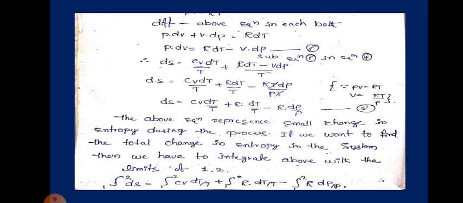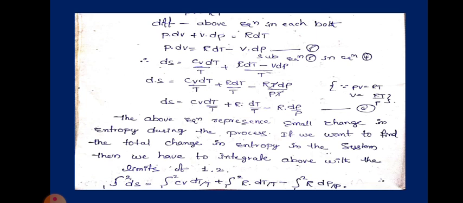Differentiate the above equation on both sides. Therefore p dv plus v dp is equal to R dt. So p dv is equal to R dt minus v dp. This is equation number 5.